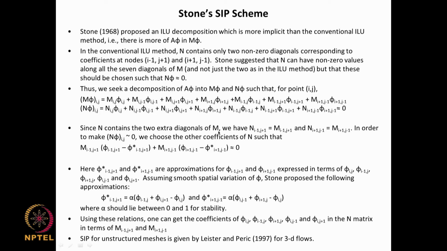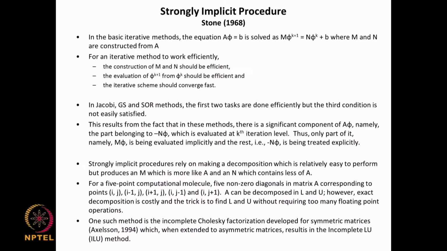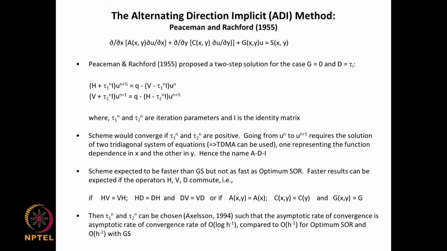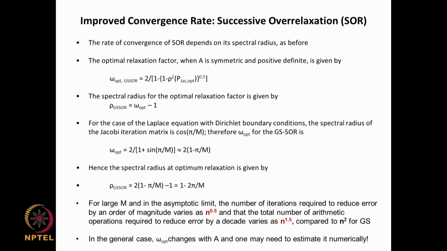So, with this kind of approach, it is possible to have a solution of A phi equal to B, which is faster than the basic Gauss-Seidel method. Okay. So, let us just take a recap of different methods, different approaches that we have looked at.